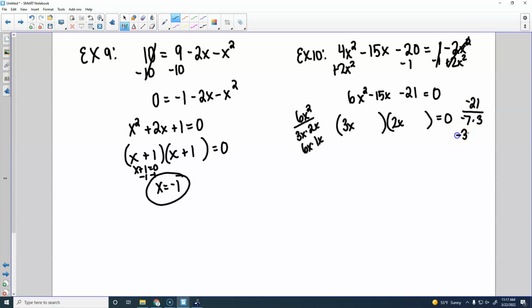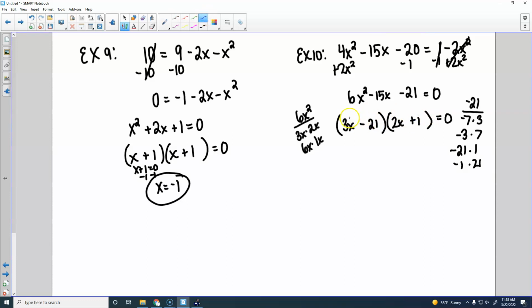Not negative 3 and positive 7. Then there's another one you can always use. Negative 21 and 1, or we could do negative 1 and 21. All right, so Julian, which one do you want to try? Okay. So negative 21, positive 1.